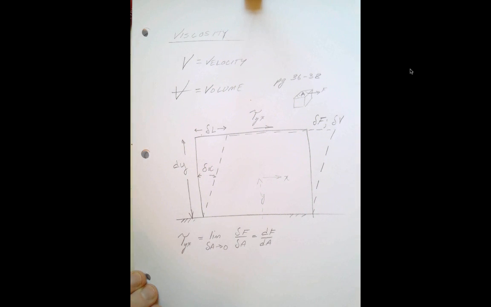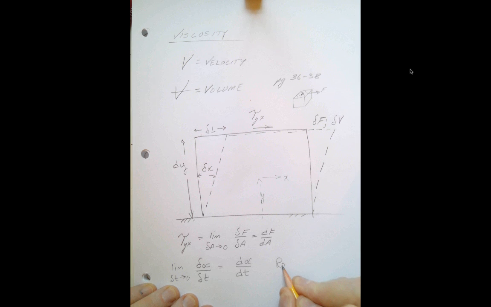Let's examine the rate of deformation. So the rate of deformation is how fast alpha is changing with respect to time. If we examine the limit of that as time gets small, we get d alpha dt, just the fundamental theorem of calculus, and this is the rate of deformation.